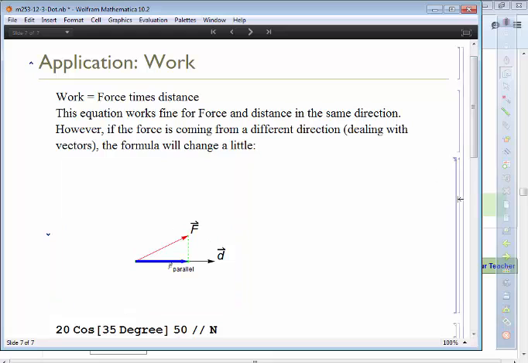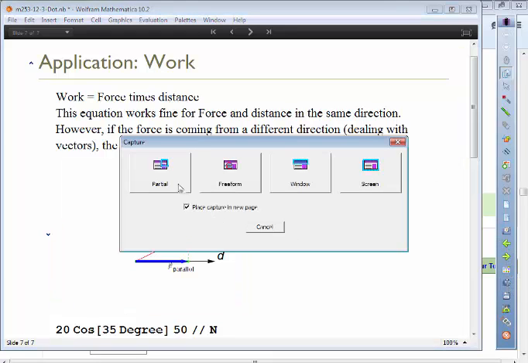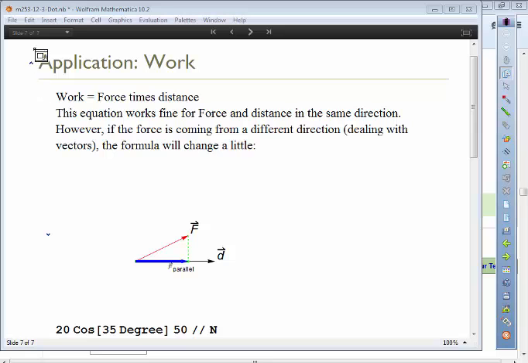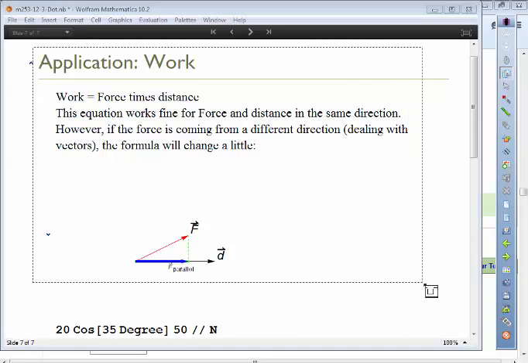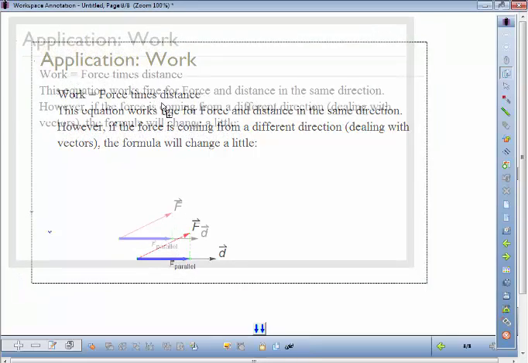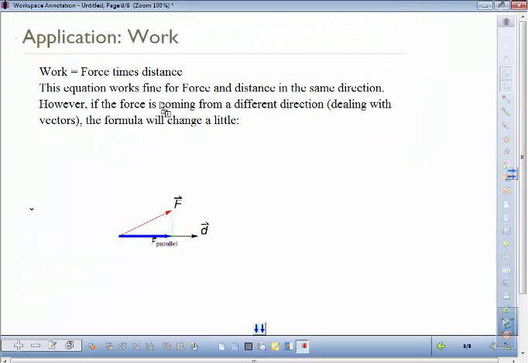Let's just mention that this is some physics applications, and work equals force times distance, and we have that from back in Calc 2, or maybe if you're taking physics now. It turns out that these things work a little bit better if you're looking at it from the point of view of vectors, because you're not just going in one direction in most cases.